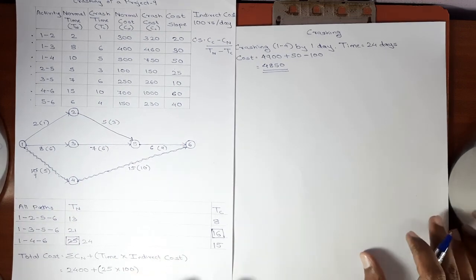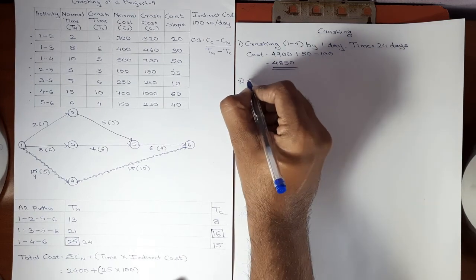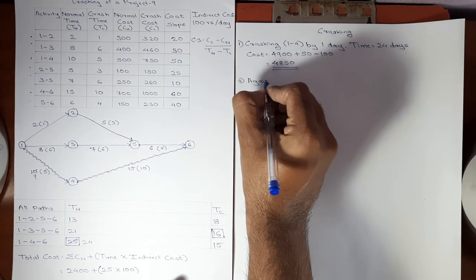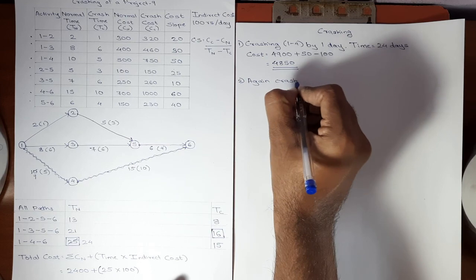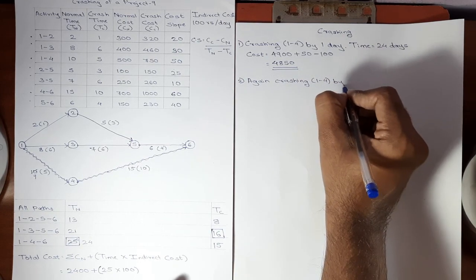So in the second step of crashing, again we will be crashing activity 1, 4 by 1 day.